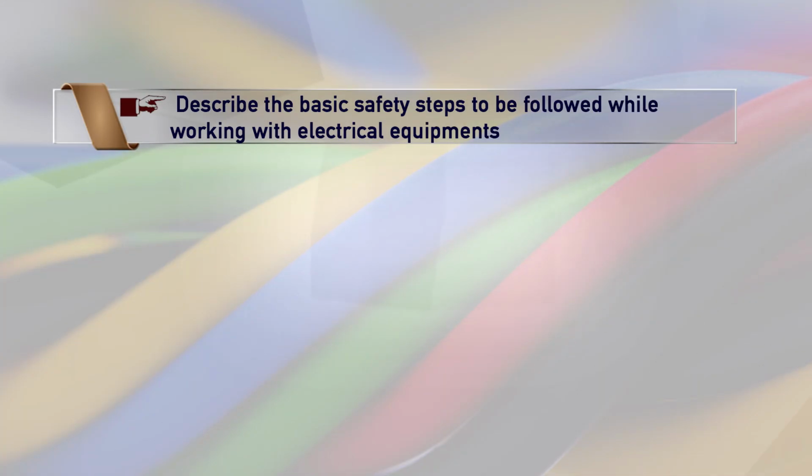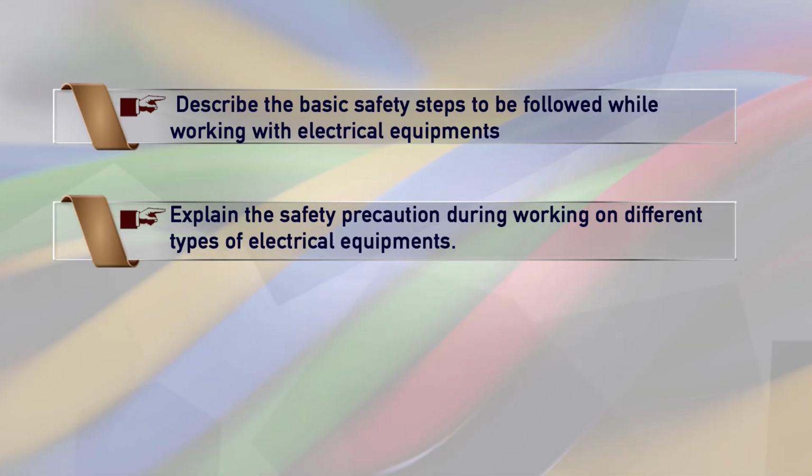After going through this module, you should be able to describe the basic safety steps to be followed while working with electrical equipment, and explain the safety precautions during working on different types of electrical equipment. This equipment may be the transformer, the circuit breaker, different instrument transformers like voltage transformer and current transformer and all that.